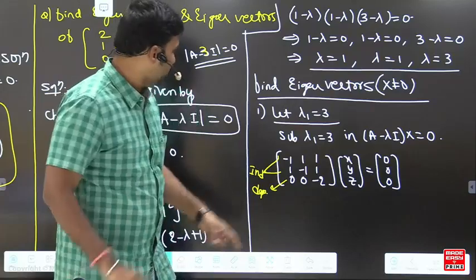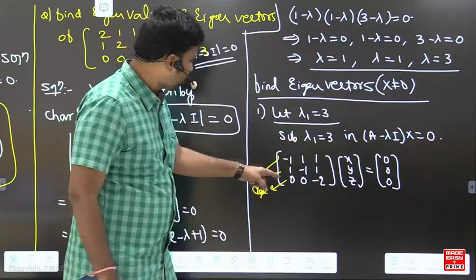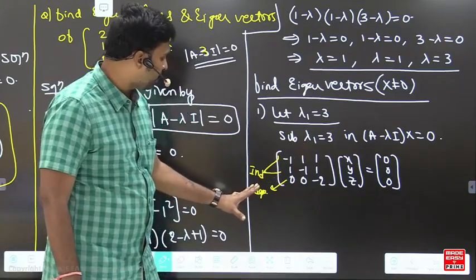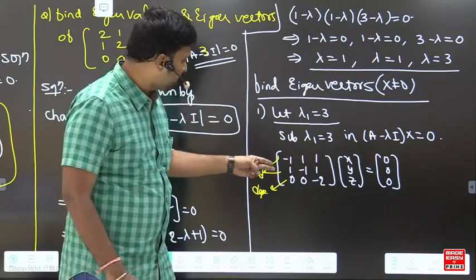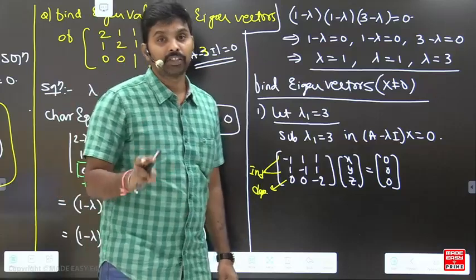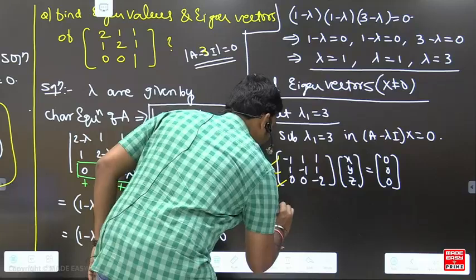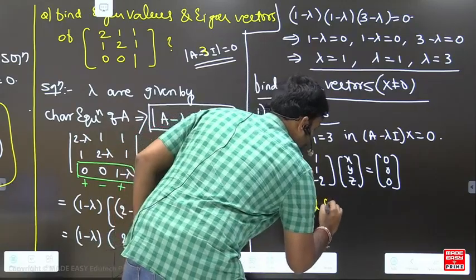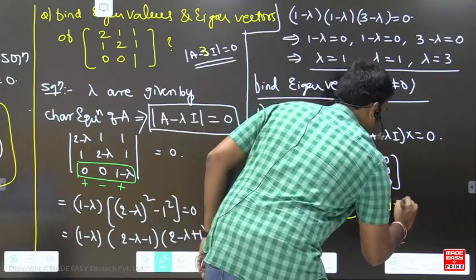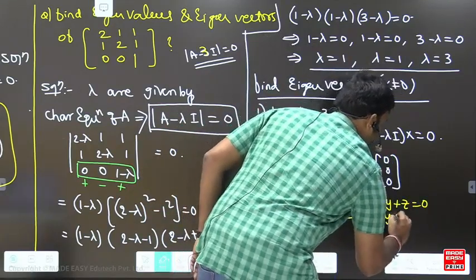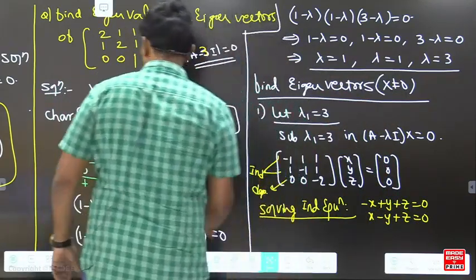If you fix any one as dependent and take the remaining 2, and the ratios are not equal, then yes, there are 2 independent equations. So, solving the independent equations: minus x plus y plus z is equal to 0 and x minus y plus z is equal to 0. So these are the equations. Now, how do you solve these equations?